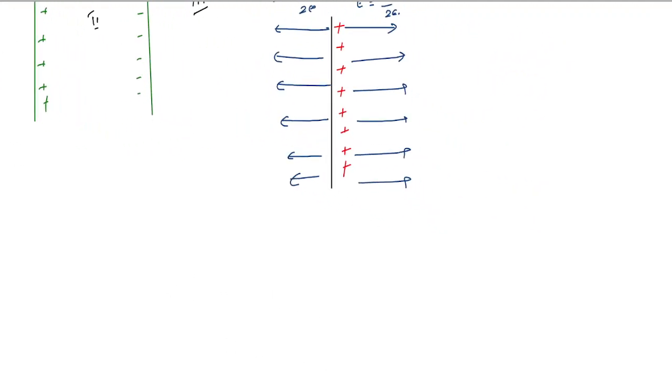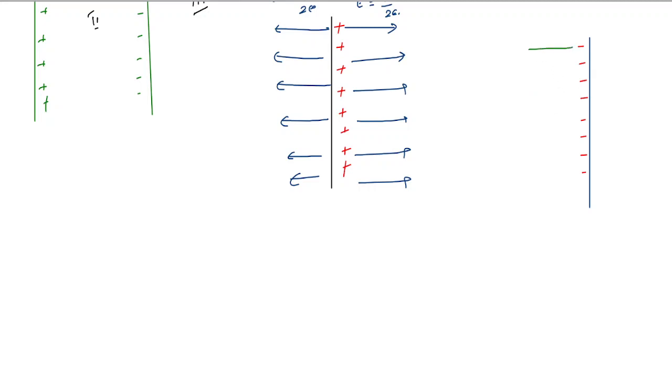Similarly, if we consider the negative plate and the charge is on this side, even this plate, assuming this to be like an infinitely big one, but theoretically and practically we can't have an infinitely big plate, but we assume that the plate is quite big enough to neglect the fringing effect. So we saw in theory class that if you have a negatively charged plate, electric field goes into the plate. So the electric field would be towards the plate.